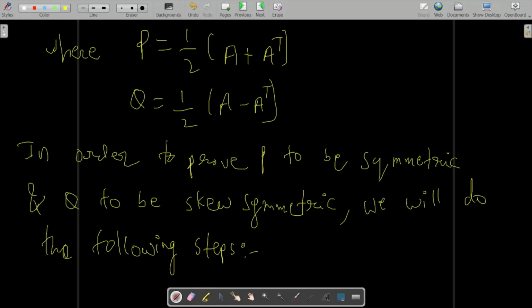If the transpose is the same as the original matrix, then it is symmetric. In order to prove Q to be skew symmetric, we will take Q transpose, and if Q transpose comes out equal to minus Q, then it is a skew symmetric matrix. So in order to prove that, we are doing this.